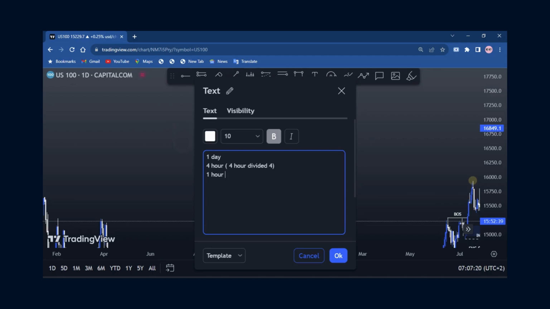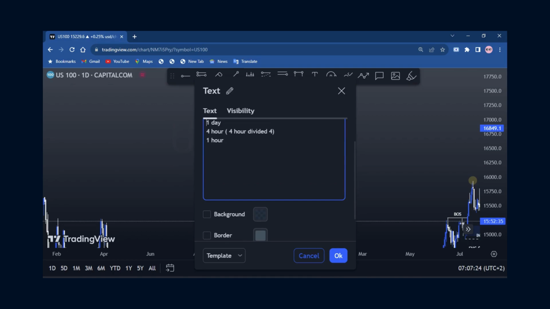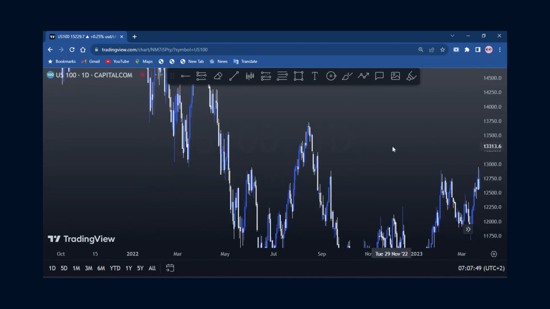Then from your 1 hour, to get to the next chart, you say 60 minutes, because 1 hour is 60 minutes, divided by 4, it will give you 15 minutes. So the next chart you need to go to is 15 minutes. Then after the 15-minute chart, for you to take trades, you need to go to your 1 minute. That's where you will take what I call sniper trades.